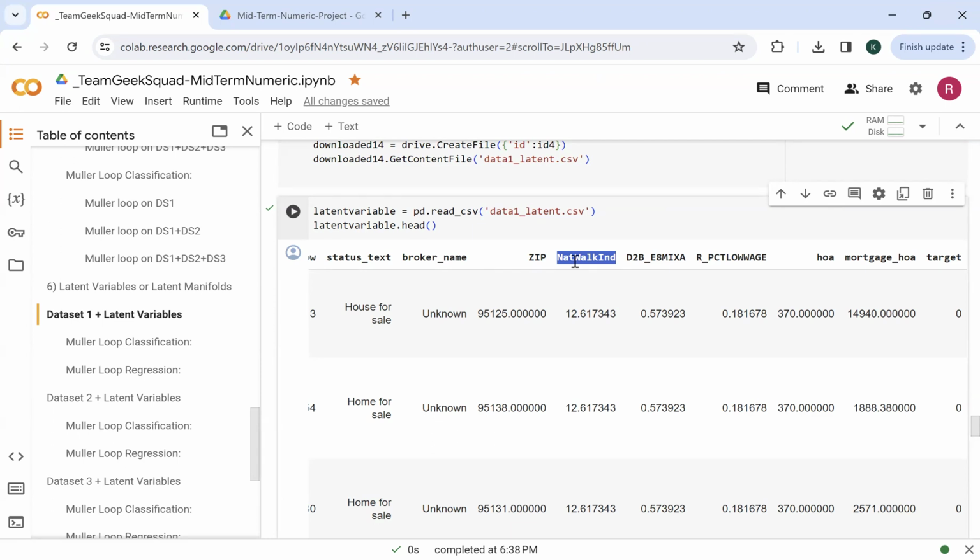These variables are not directly observed but are rather inferred through the model from other variables that are directly measured. These variables can encapsulate complex and underlying processes that influence observed variables in significant ways. Here, the natural walkability index serves as a proxy for neighborhood desirability and environmental quality.